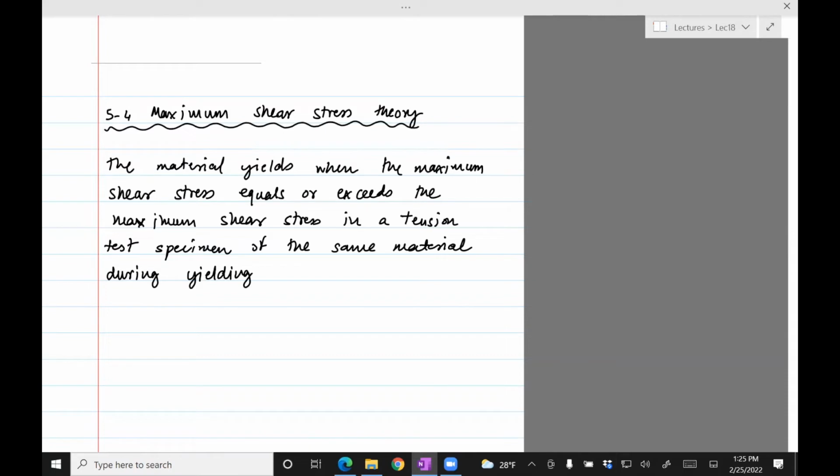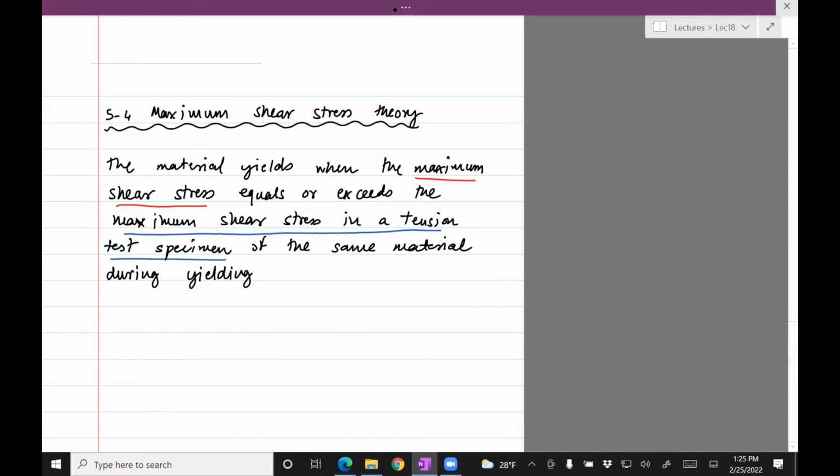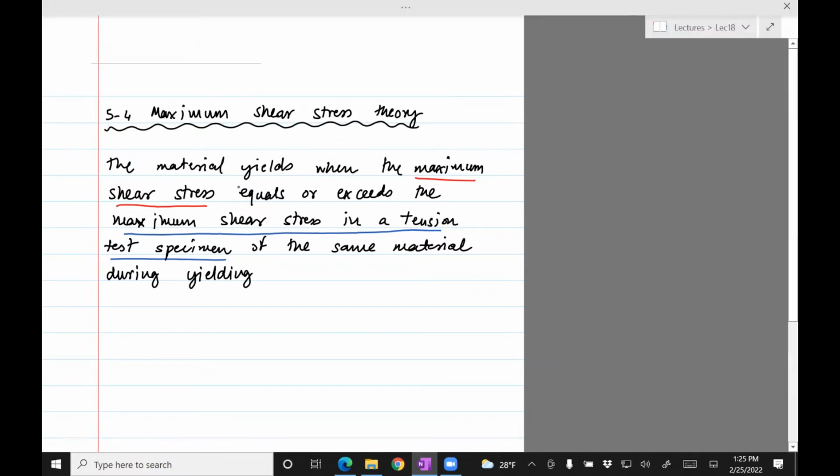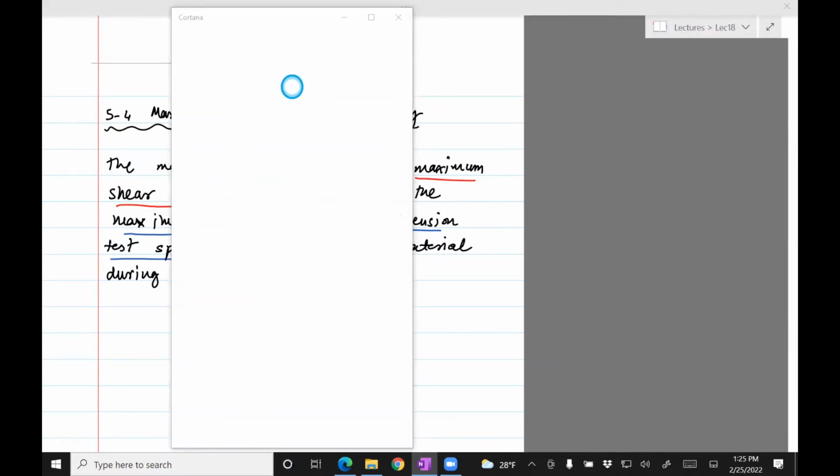Okay, so let's just dissect what this theory says. The key thing is maximum shear stress equals or exceeds the maximum shear stress in a tension test specimen.